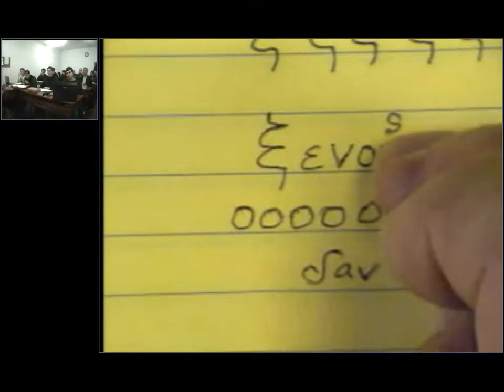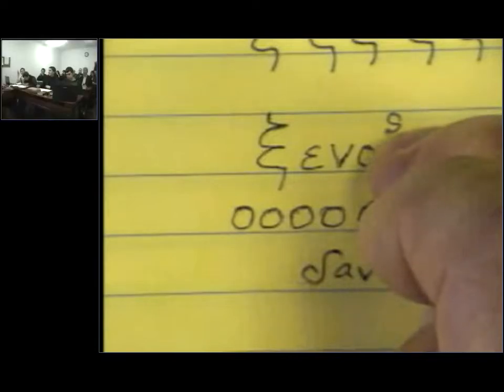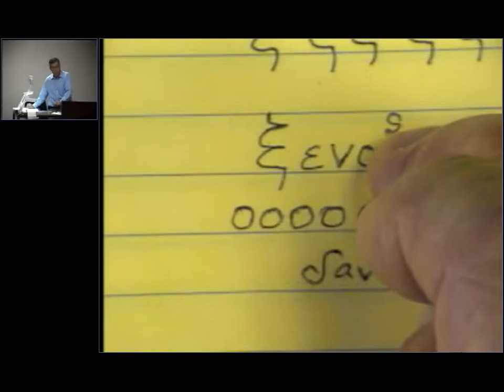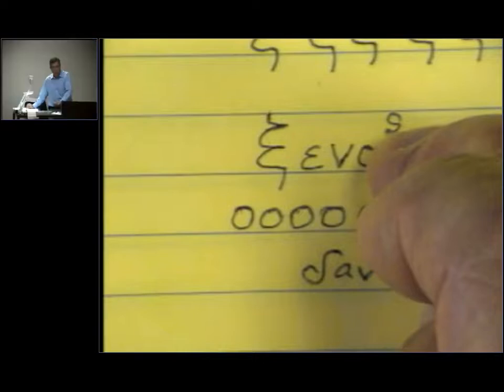In other words, if I said, the stranger came to town, then it would be xenos. But if I say he killed the stranger, then it would be xenon.